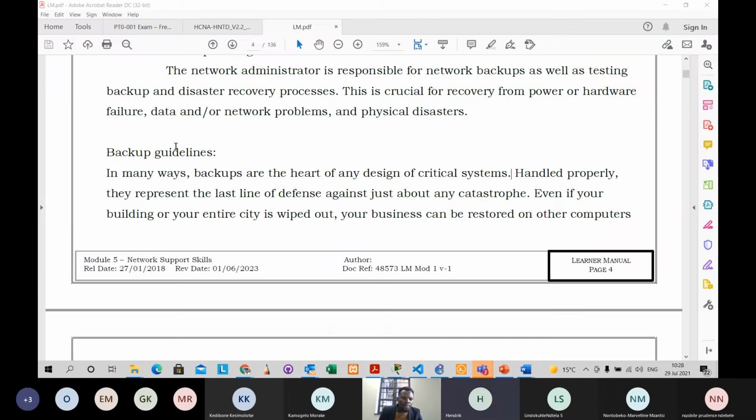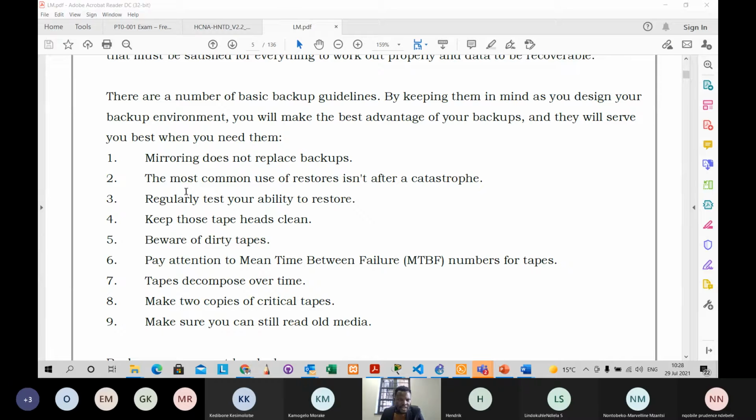Okay. So backup guidelines, they are there, and mirroring does not replace backup. Mirroring is a process of keeping a copy of certain information, right? So it does not replace backup. Backups are also a copy of the actual information of the database.